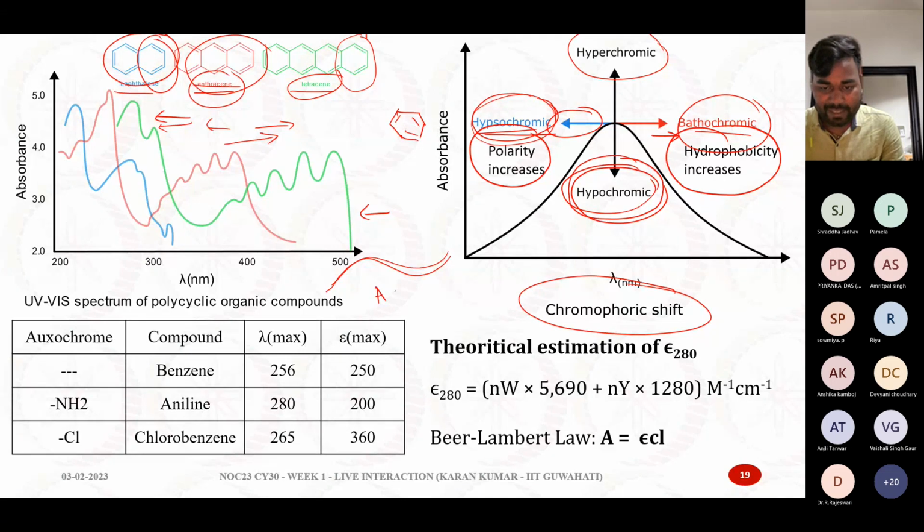That is given by the Beer-Lambert law, A = epsilon C l. Now we have understood that in a protein, only 3 amino acids will absorb the UV light. Those are tyrosine, tryptophan, and threonine, right?